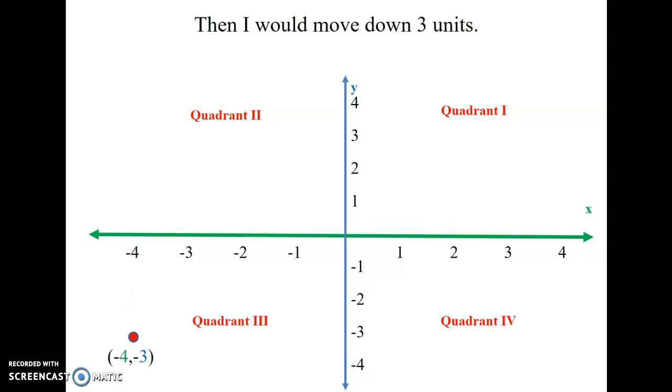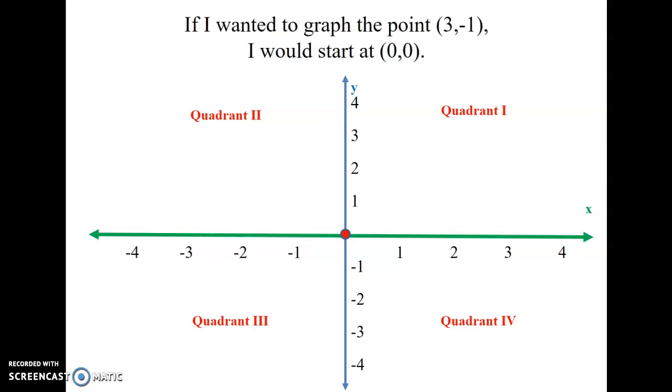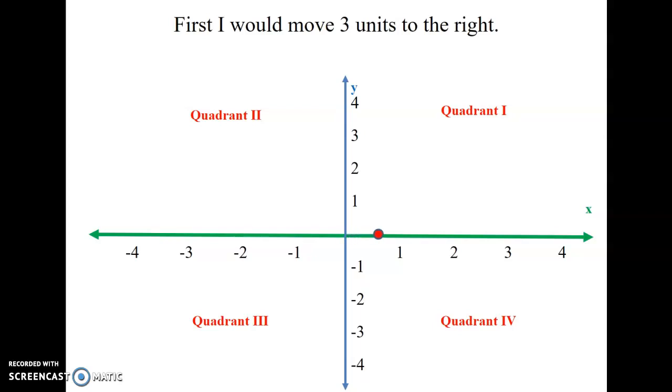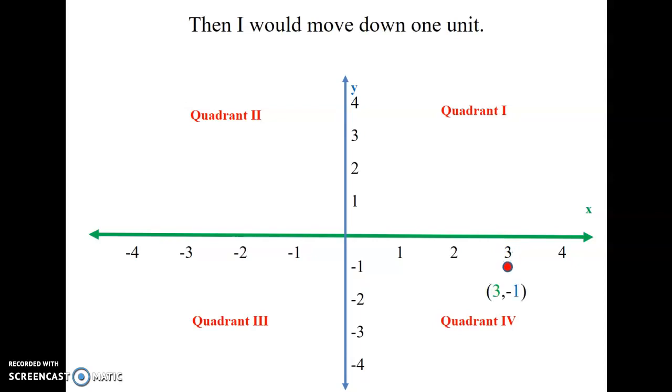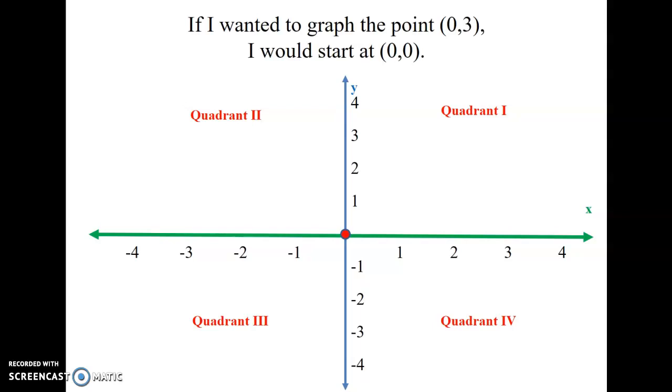And then I'm going to label it with the ordered pair. If I wanted to graph 3, -1, I'd go over to the number 3, the +3 elevator, and take it down 1 floor and label the point.